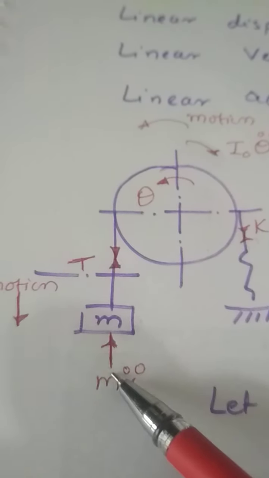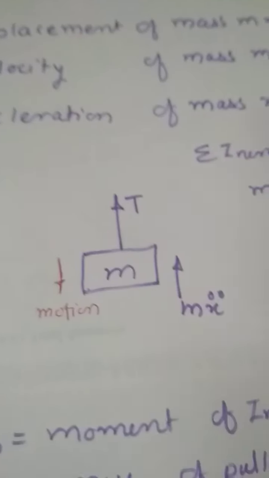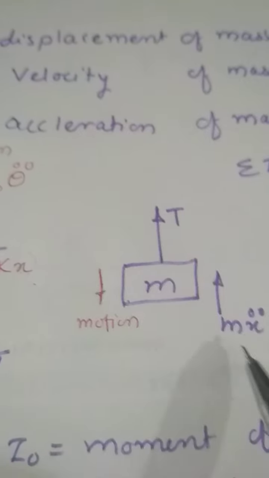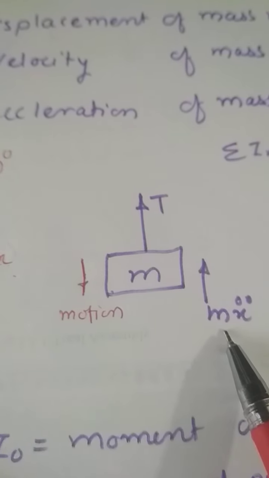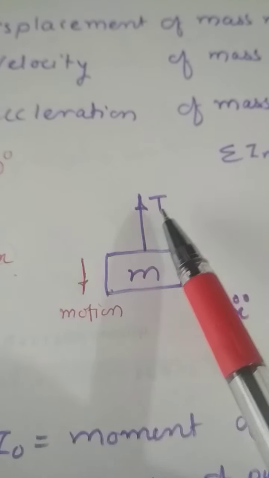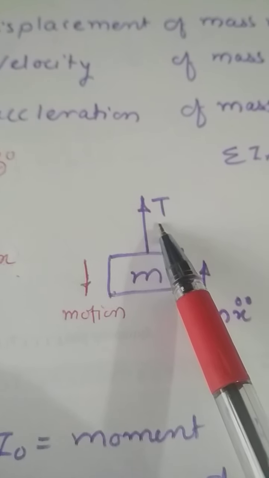So first, initially we will go for this mass. We will draw the FBD of the corresponding mass. Motion is downward, so the inertia force, mass into acceleration, m x double dot, will be upward, and the tension T in the string will also be upward.